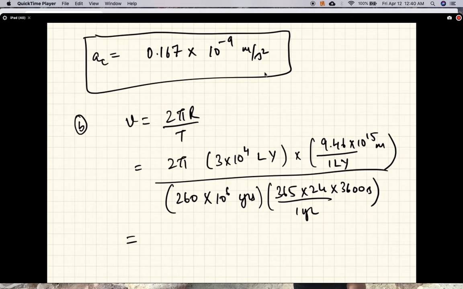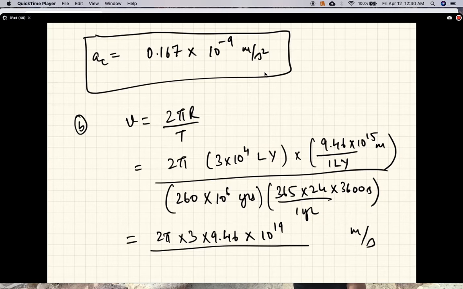So the velocity. Again, let's take care of the powers of 10 first. This is 10 to the 4, 10 to the 5, that's 10 to the 19 at the top. So 2 pi times 3 times 9.46 times 10 to the 19, and the velocity will work out in meters per second.